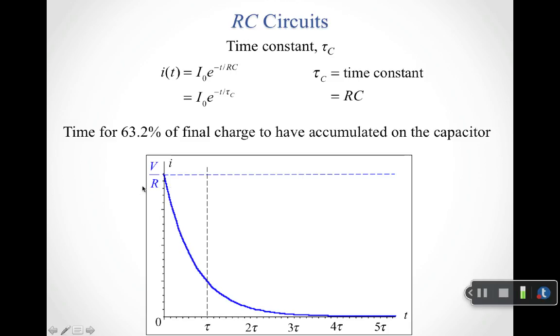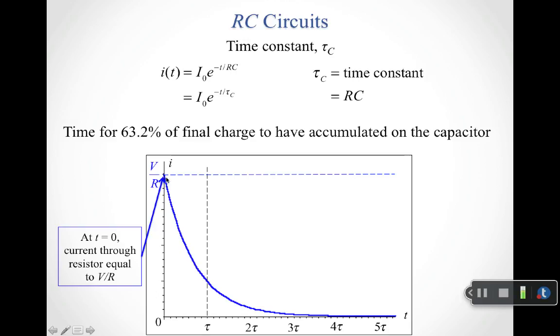So in terms of what that looks like graphically, what's going on with the current is, again, we know that initially it acted like a wire. And as I build up more and more charge, with this e to the minus t over RC, as I make t larger, e to the minus a large number effectively becomes 0. So you see that this drops off as time increases.